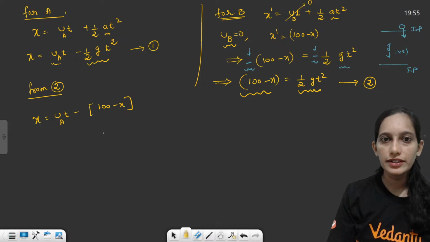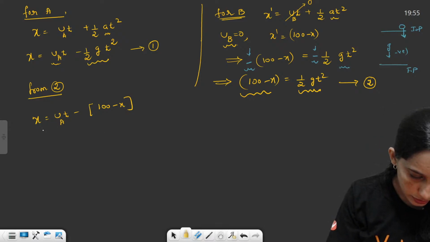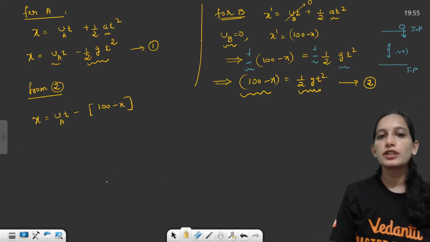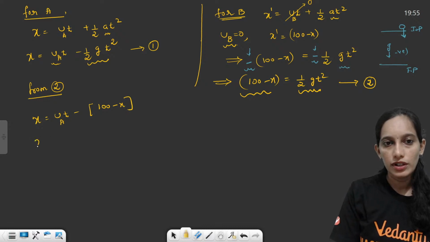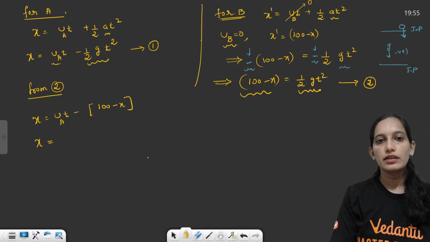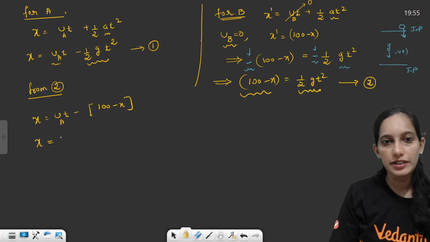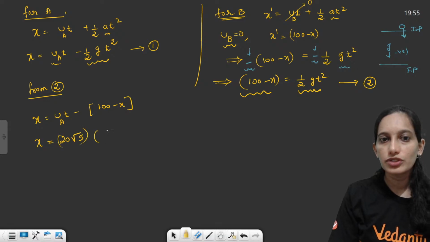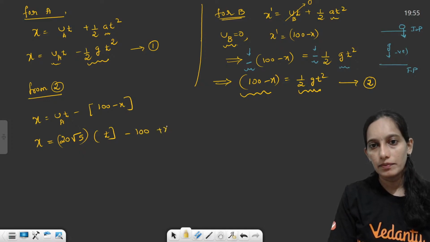So next, we'll just substitute the data. Whatever terms are there, we'll just substitute. So x is equal to u, whose value we know, that is 20 root 5, into t, which we don't know, I'll keep as it is, minus 100 plus x.